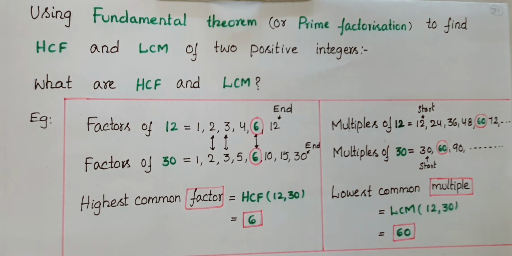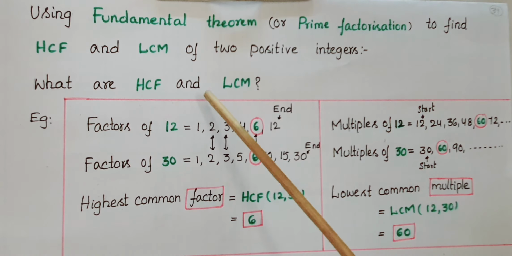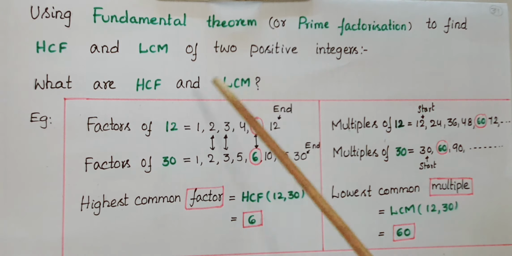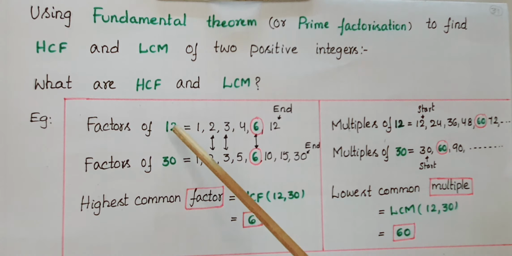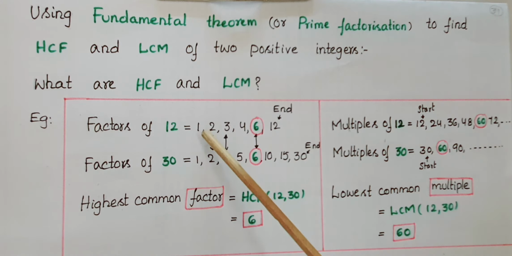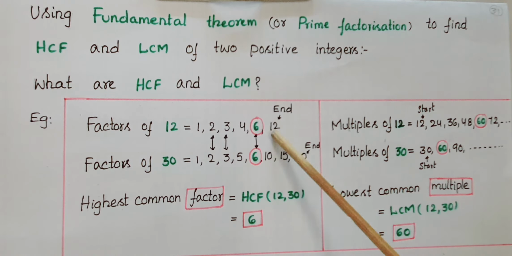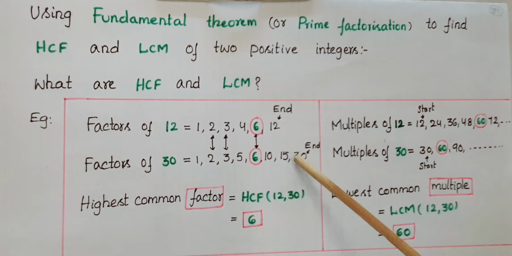Now I am going to tell how to find HCF and LCM of two positive integers by using the fundamental theorem or prime factorization method. Before that, let us see what HCF and LCM are. HCF is the highest common factor. For example, to find the HCF of 12 and 30, first write the factors of 12: 1, 2, 3, 4, 6 and 12, and the factors of 30: 1, 2, 3, 5, 6, 10, 15, 30.